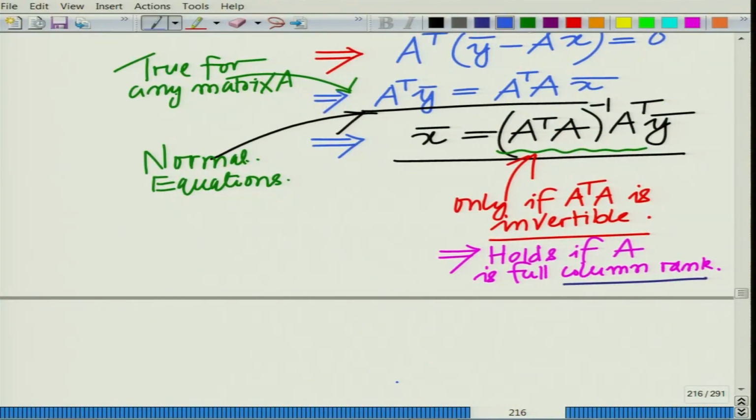And this is very intuitive, this gives us a much deeper understanding of least squares. All it is saying is, whatever this error is, it is minimum only when it is perpendicular to the span of the columns of A, which implies that it is perpendicular to each of the columns of the matrix A. And this is basically our least square solution.